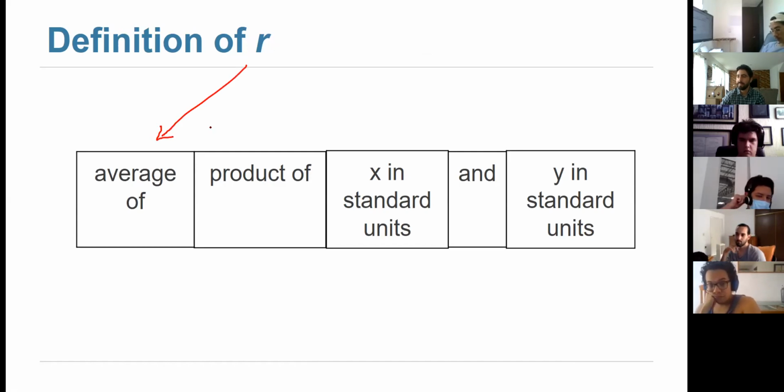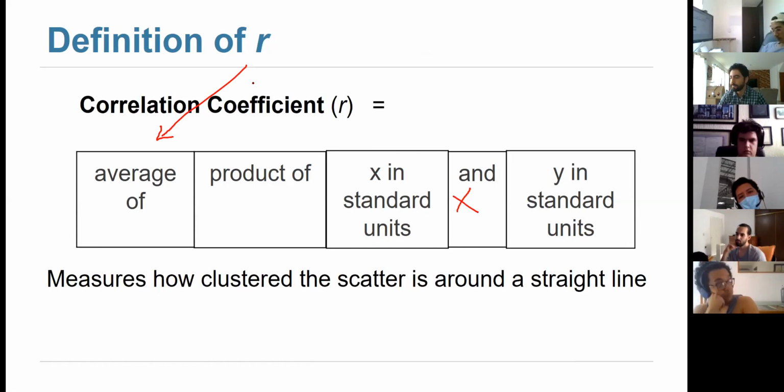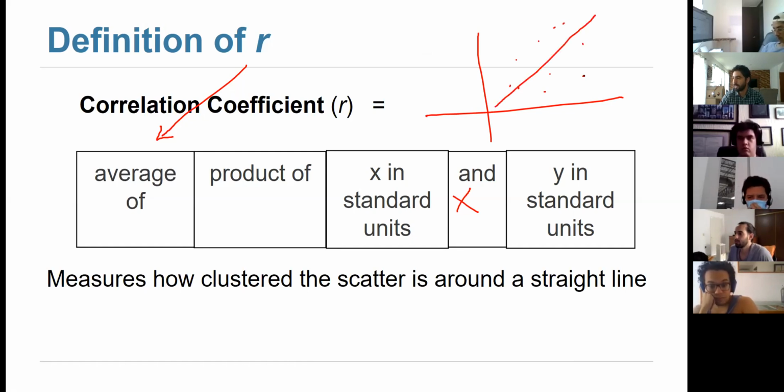R is the average of the product of x in standard units and y in standard units. So it measures how clustered the scatter is around a straight line. That's the whole idea. For example, this is our distribution, these are your dots, and you want to know how clustered they are around this straight line.